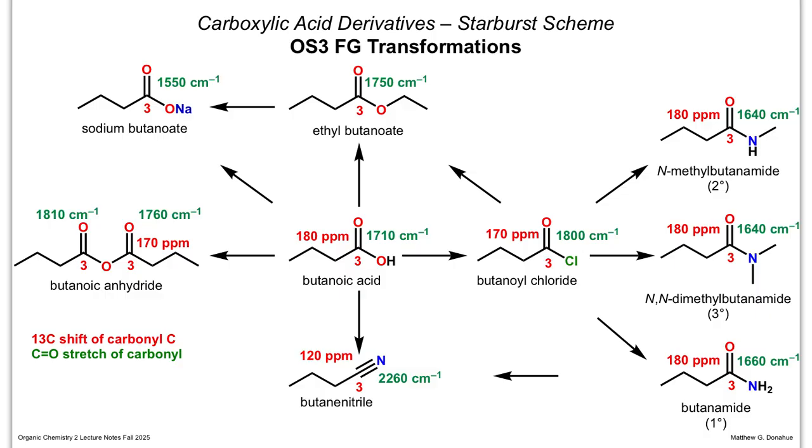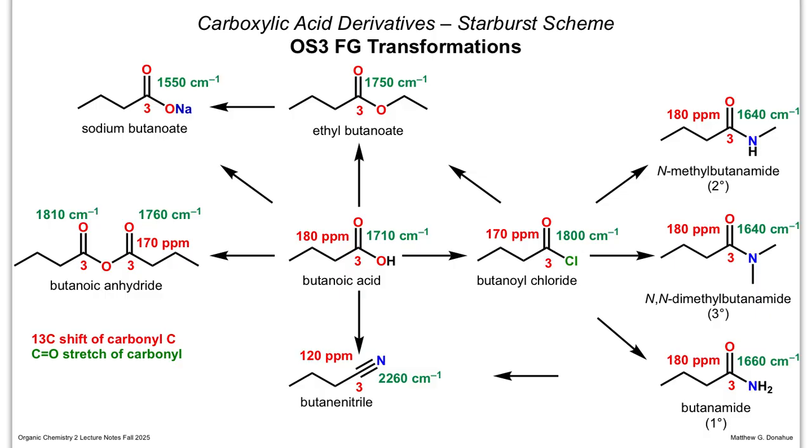Okay, so we'll continue on now with looking at the oxidation state 3 functional groups, which are primarily carboxylic acid derivatives except for the nitrile, but that's a functional equivalent.